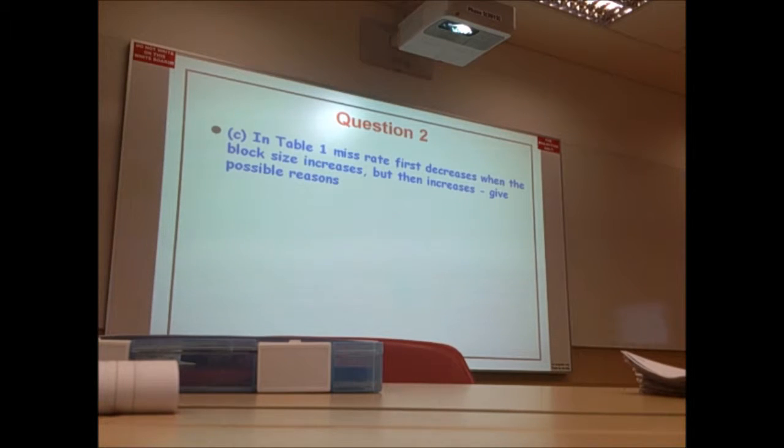Sorry? Bigger block size, higher miss rate.